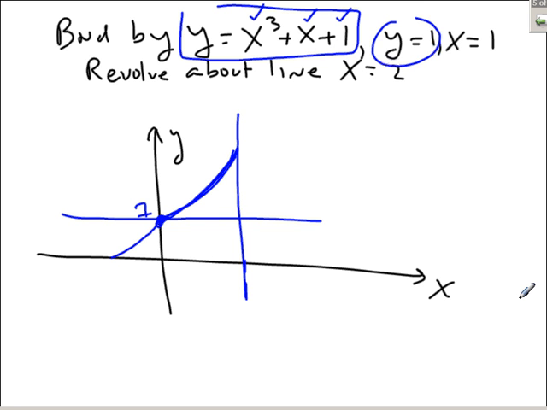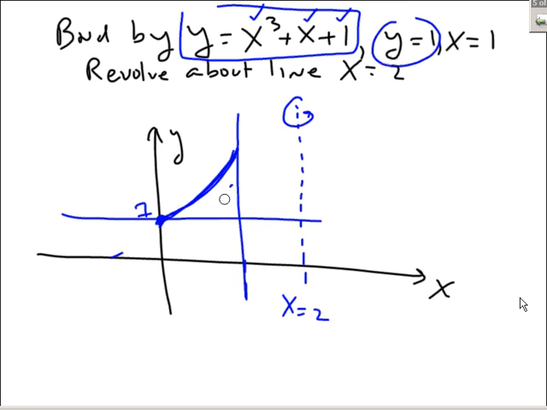Okay, make believe the graph was given. Now we want to revolve about the line x equals 2. We're going to revolve around there. Again, it's the area in here that we are going to revolve.